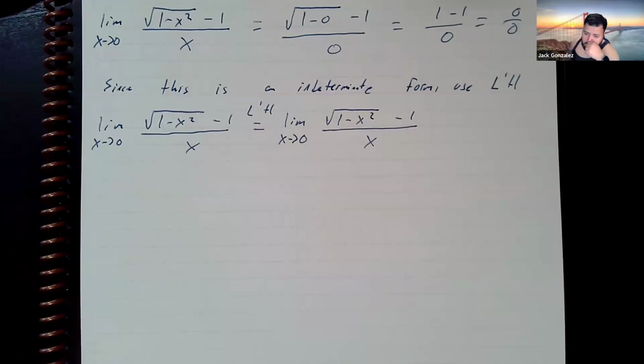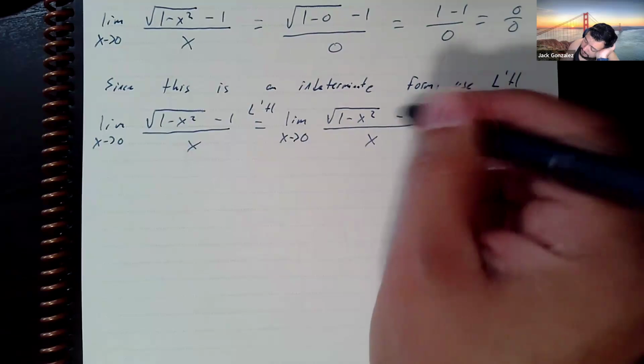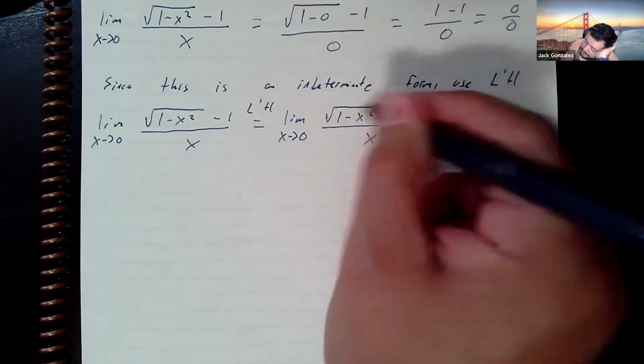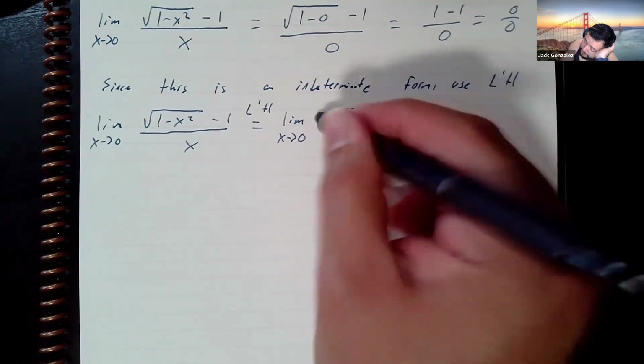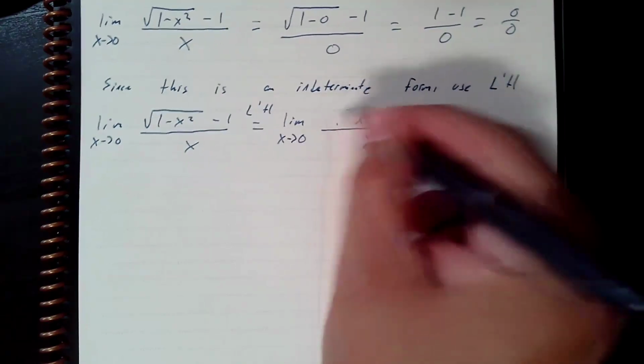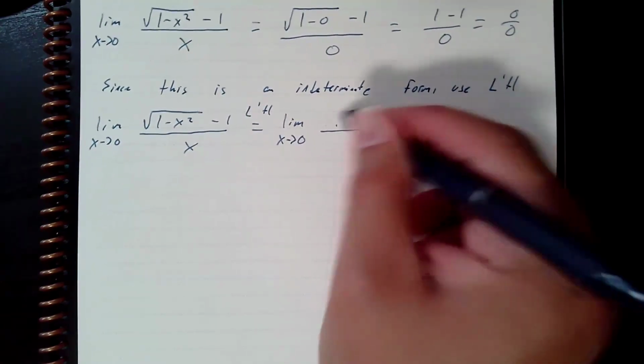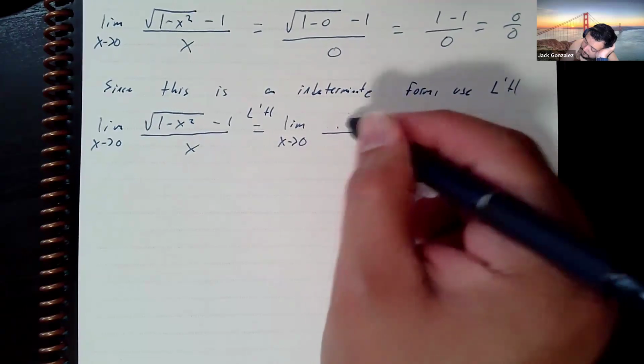I haven't done the derivative yet. My bad. I guess I'm a little tired. What's the derivative at the bottom? 1. So that one's not too bad. But what about the top?